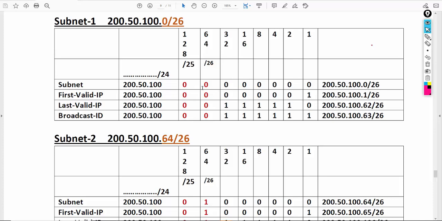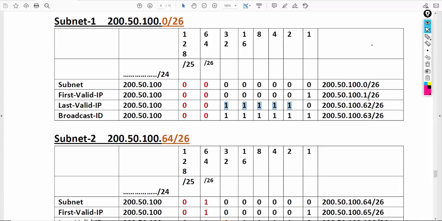If it is 00, the subnet is 0, so everything is 0. The subnet ID is 0. For the broadcast ID you put all ones, so if you add 32, 16, 8, 4, 2, 1, it becomes 63. The first valid IP is 1, and for the last valid IP you put ones except the last bit, so it is 62.